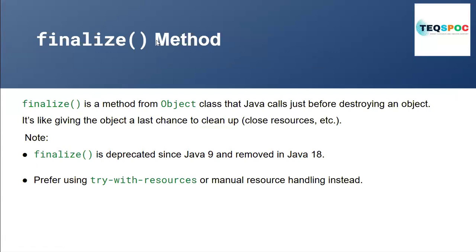So we have one method called the finalize method. The finalize method is present inside the Object class of Java. It is a method that Java calls just before destroying an object. It's like giving an object a last chance to clean up and close the resources.